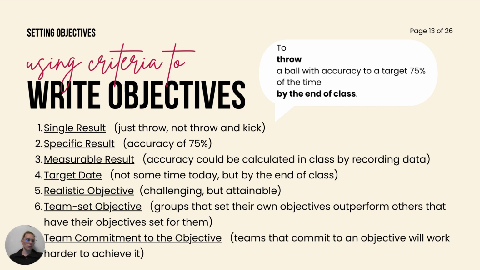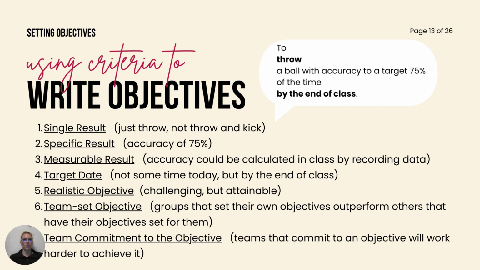And team set objectives. Groups that set their own objectives outperform others that have their objectives set for them. What I've never done in class before is allowed students to have input on their goals, but I think it's great.